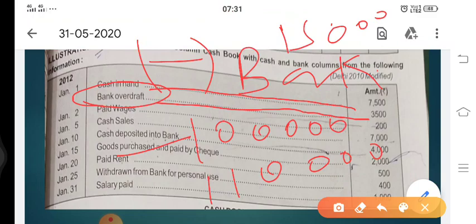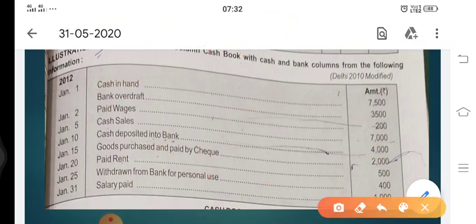Now what happens here, students, is that this extra balance that we withdrew from the bank is a negative balance because we did not have that amount in our account, but the bank paid on our behalf. So now for this amount we are liable to the bank, and that is why always remember that unlike bank balance, which was considered your asset, bank overdraft is always your liability.